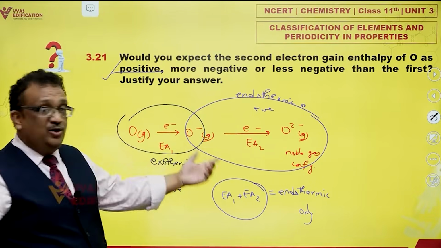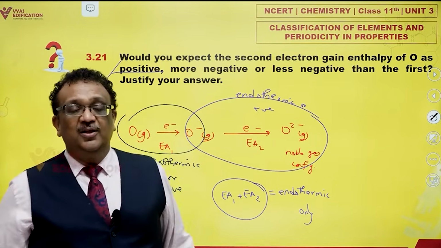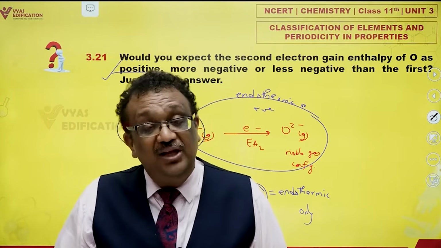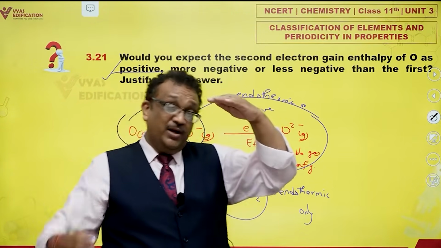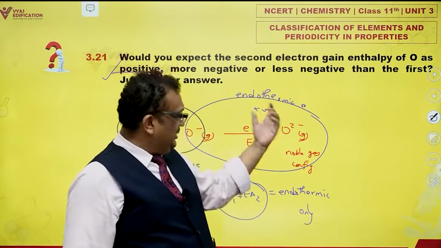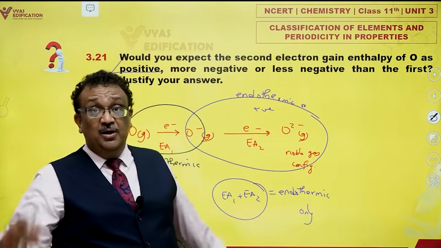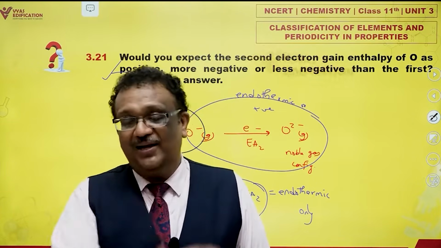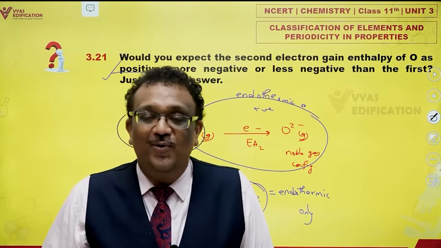First is exo, second is endo, and the second is so endothermic that the overall reaction also becomes endothermic. It is a fact which I am sharing with you so that you can mentally arrange the level of importance. Yes, noble gas configuration is important, but more important is electrostatic attraction or repulsion. That happens to be the major contributing factor.